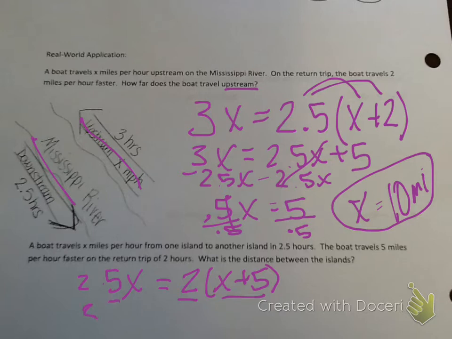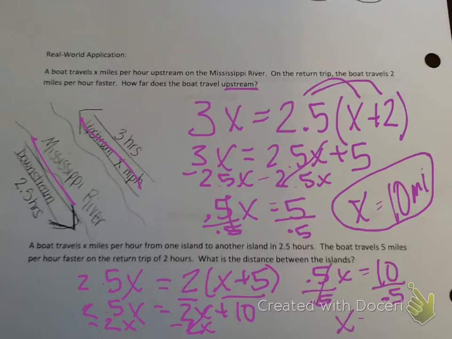So we have 2.5x equals 2x plus 10, subtract 2x, so 0.5x equals 10, divide by 0.5, x is 20 miles between the islands.